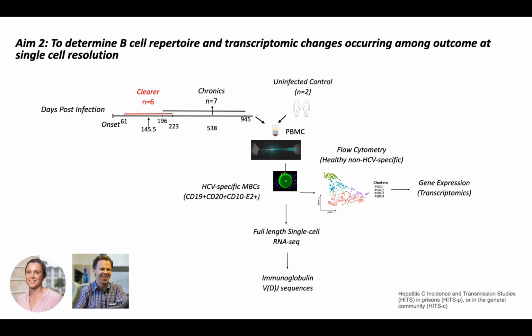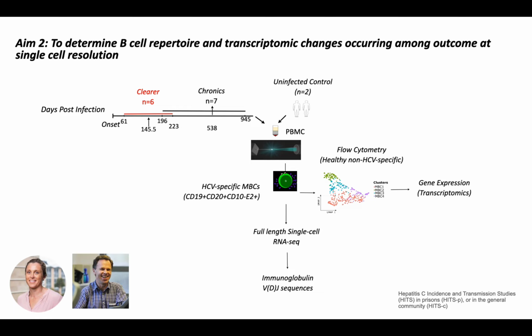So we used this particular method and applied it on hepatitis C infection. We had data from hepatitis C infection at primary infection, and we had around 13 subjects, 6 clearers and 7 chronics, from the HCV and HB cohort in prison and community.